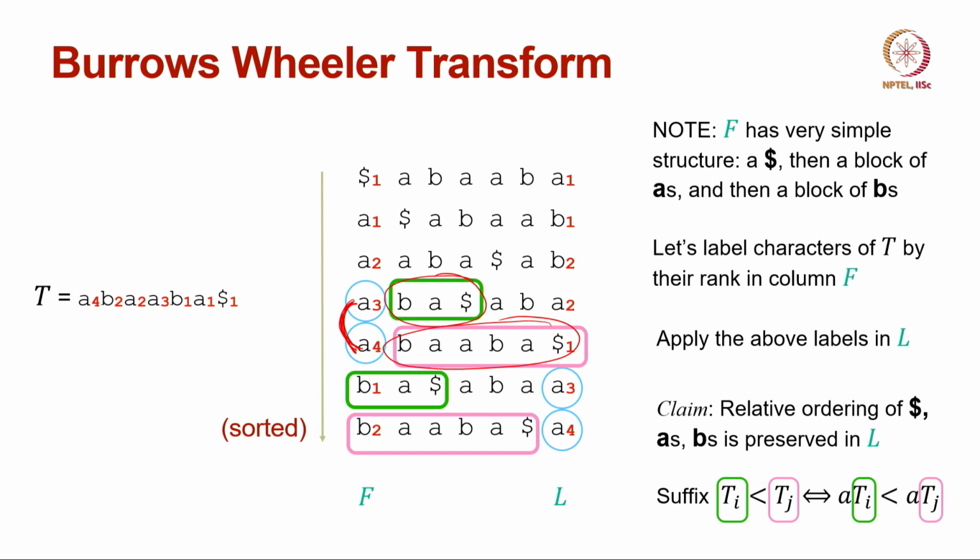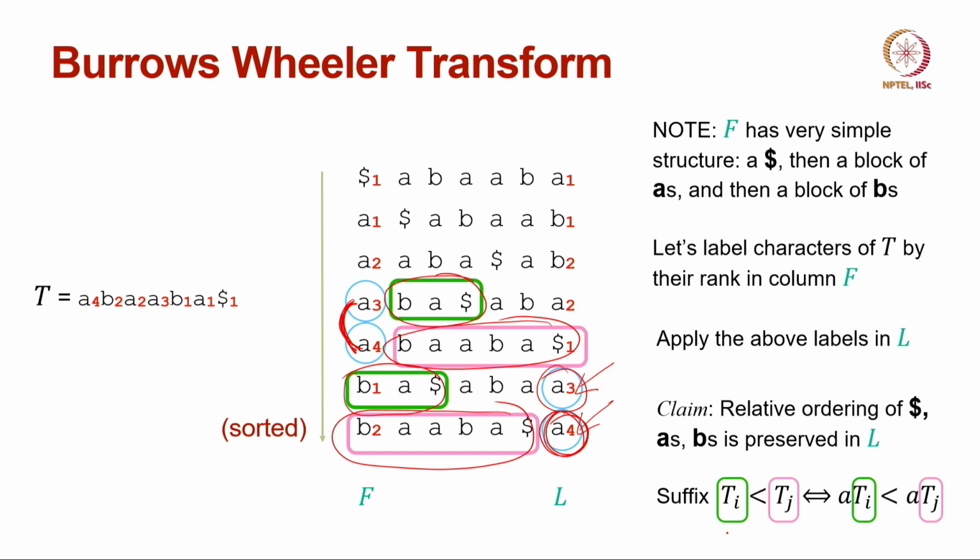So, that is why A3 occurs before A4. But that is also the same reason why A3 occurs before A4 here. Because remember that in the Burrows Wheeler transform, this character precedes this suffix. Similarly, A4 character precedes this suffix here.